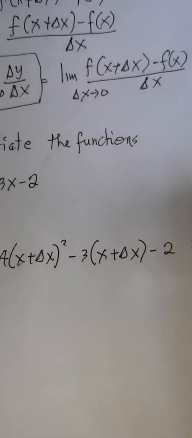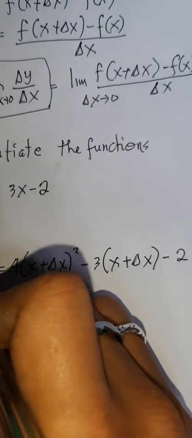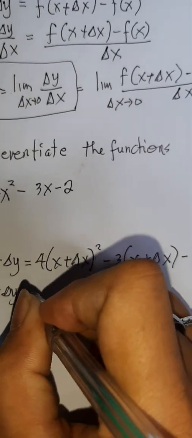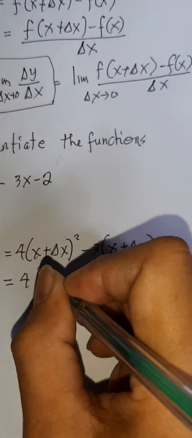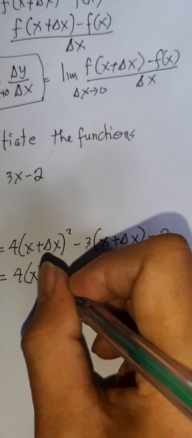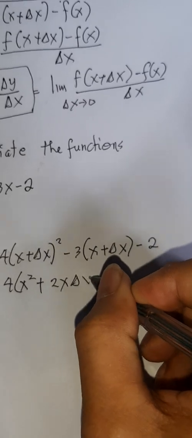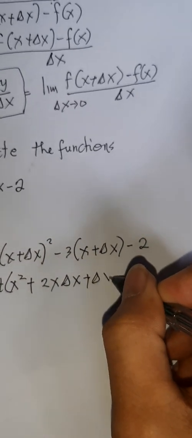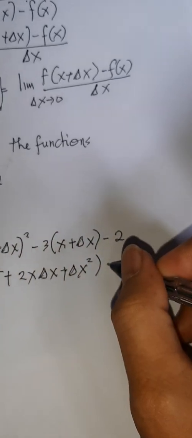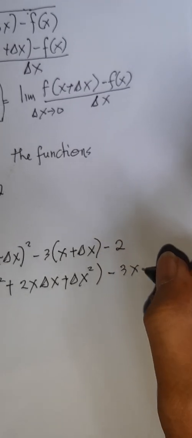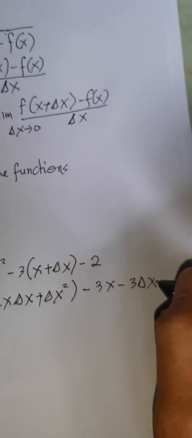Okay, then simplify. Okay, simplify muna natin bago tayo mag-proceed sa step 2. Expand natin ito, that is x squared plus 2x delta x plus delta x squared minus 3 times x minus 3 delta x minus 2.